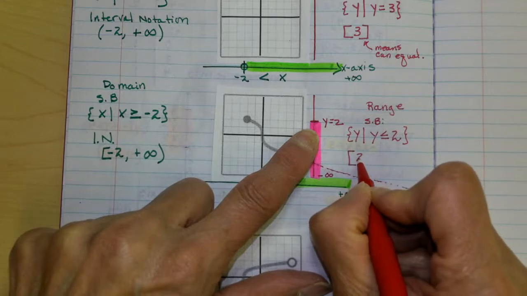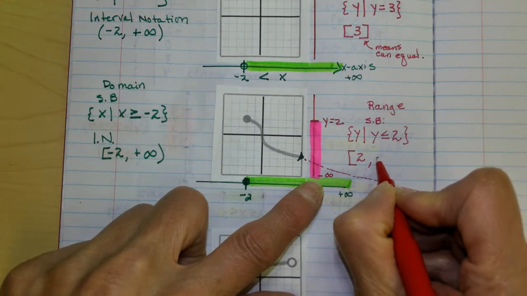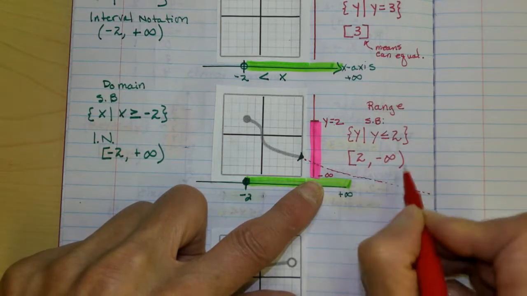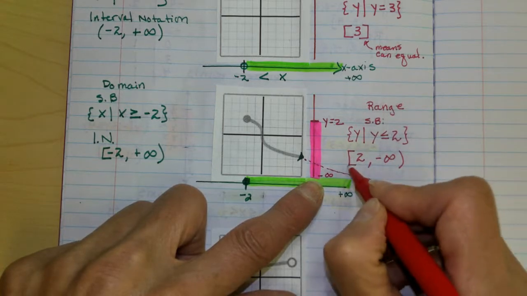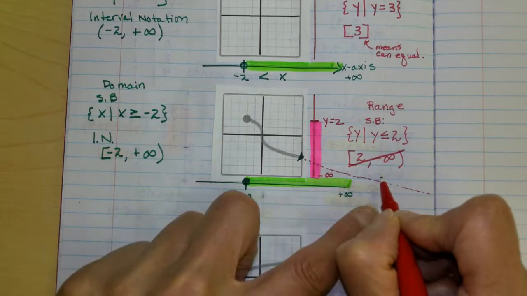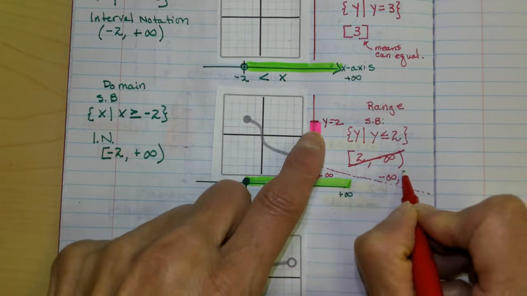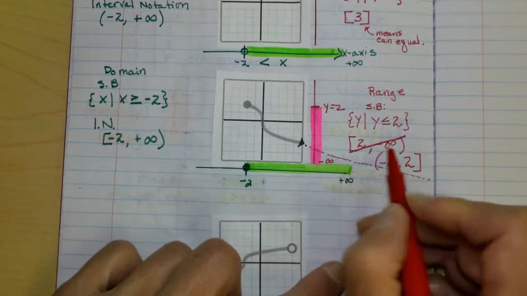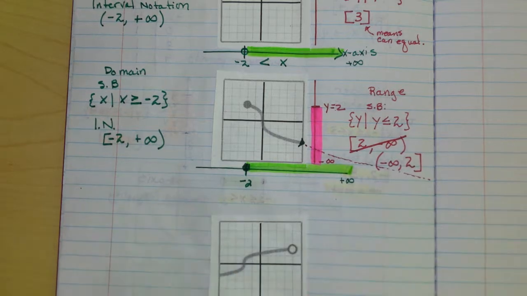It includes 2. And it goes all the way down to -infinity. Oops, I just made a mistake. This is backwards. Smallest number first. So let's go ahead and correct that. I'm going to go from -infinity all the way to 2. It's just a matter of, we always write our smallest number on the left and our larger number on the right.